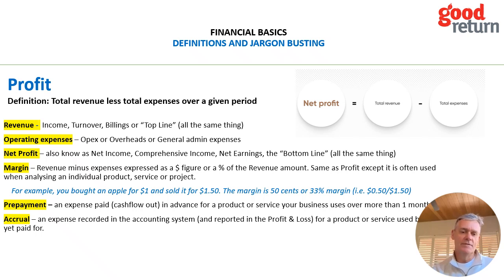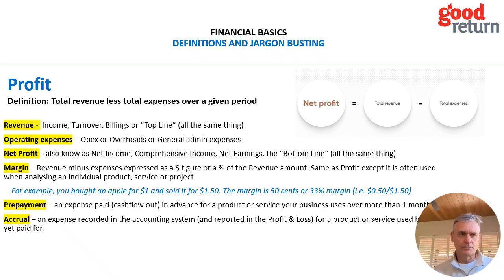The flip side of a prepayment, the opposite of a prepayment, is something called an accrual. So let's say that we use a service in the business that we haven't actually paid for yet. We have to recognise the expense related to that service in the profit and loss statement, even though we haven't actually paid for it yet.